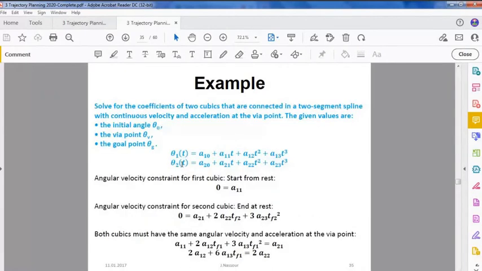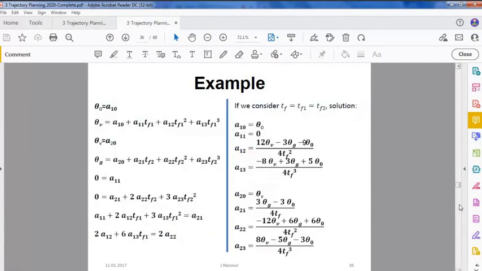You need to differentiate. This is position. You differentiate once, you get velocity, and then you differentiate twice, you get acceleration. Then you put your values here: A10, A11, A12, A13, A20, A21, A22, A23. Put inside your equation: position, velocity, and acceleration.